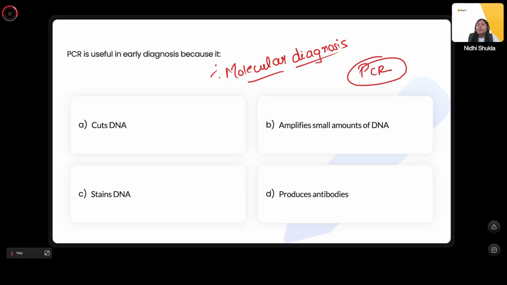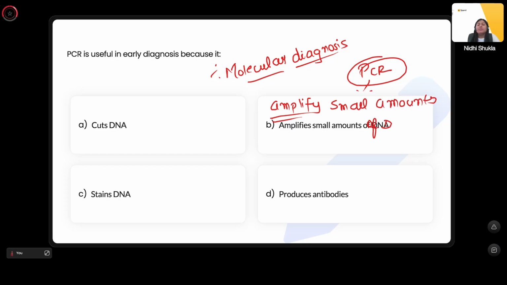Now, why are you going to prefer PCR? Because PCR has a very good application. What is the job of PCR? It is to amplify the DNA. So PCR can amplify small amounts of DNA. What is the meaning of this?